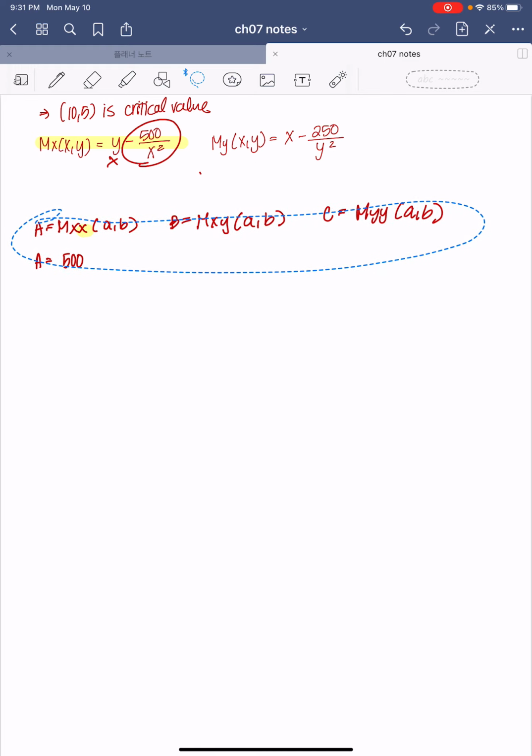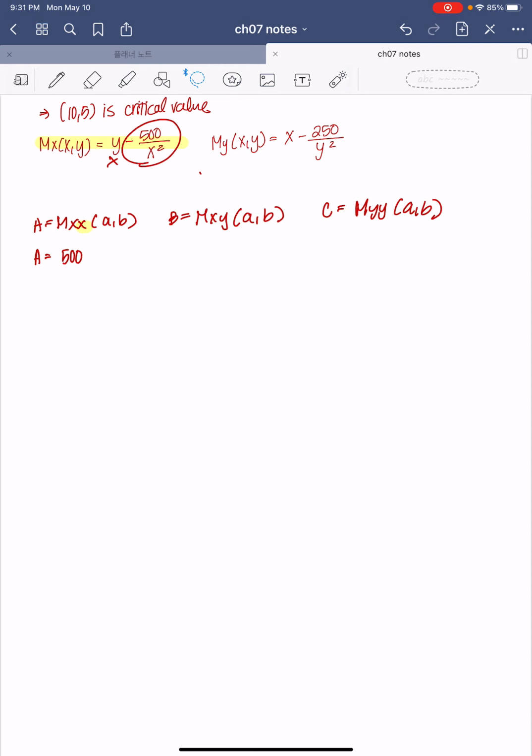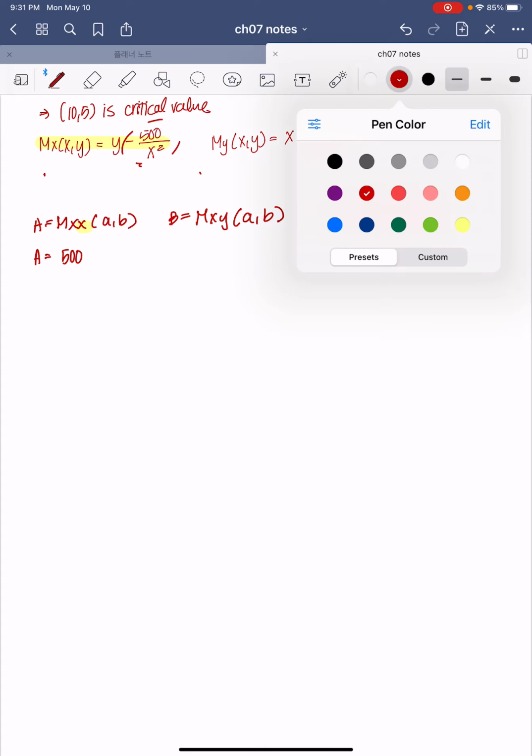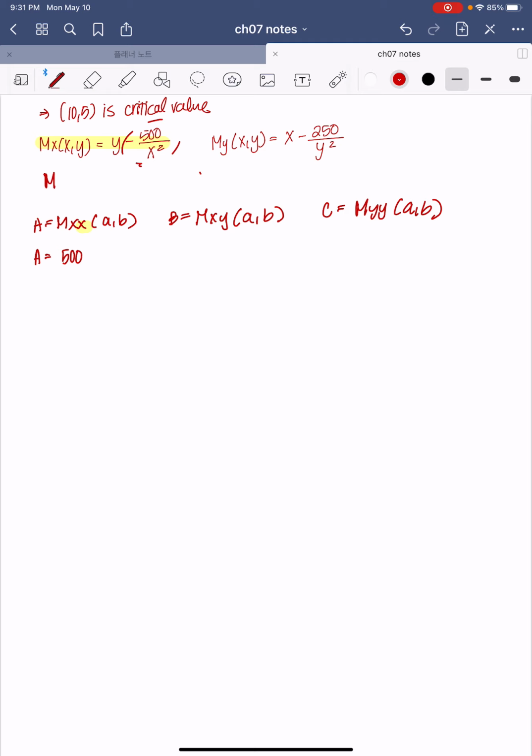Let's do a little bit of a work here. So m of xy can be rewritten as negative 500 x to the negative 2. And then this can be rewritten as x minus 250 y to the negative 2.